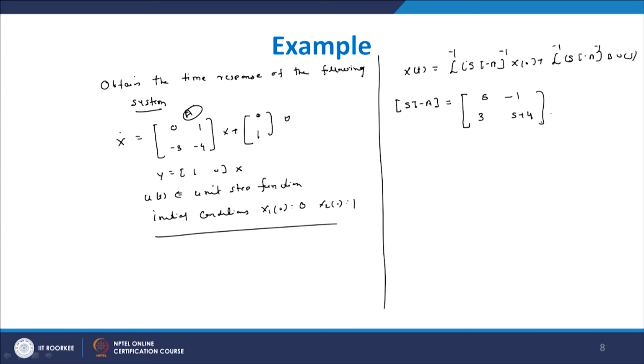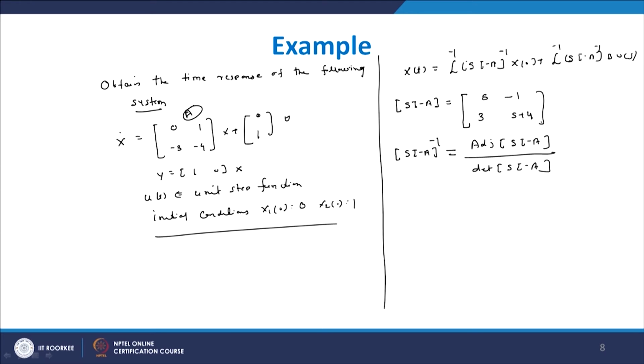Now, to get (sI minus A) inverse, we can write this as the adjoint of (sI minus A) divided by the determinant of (sI minus A).